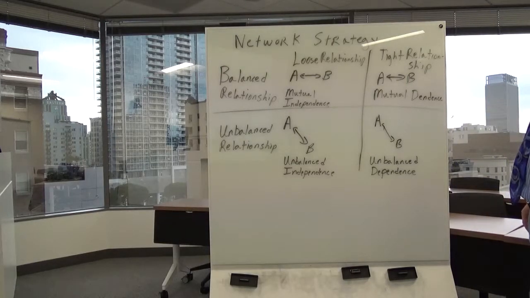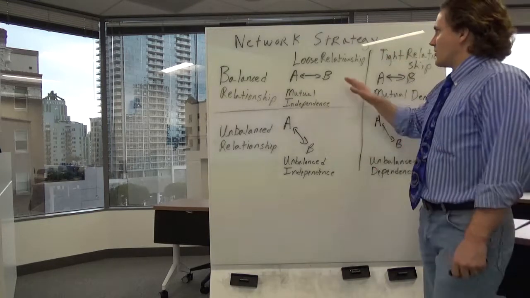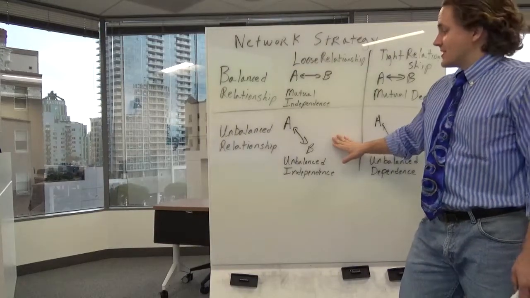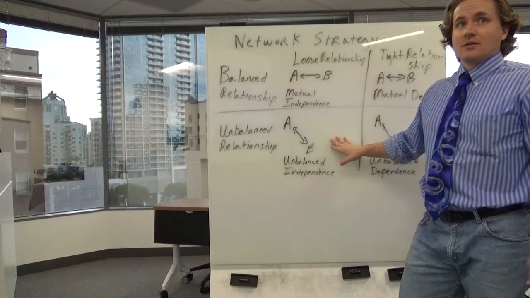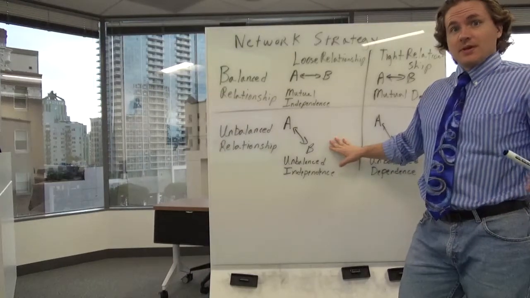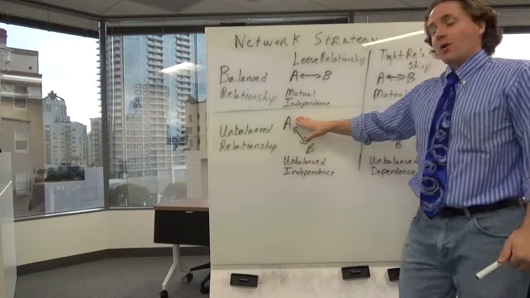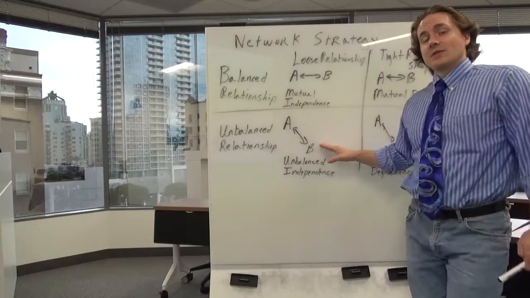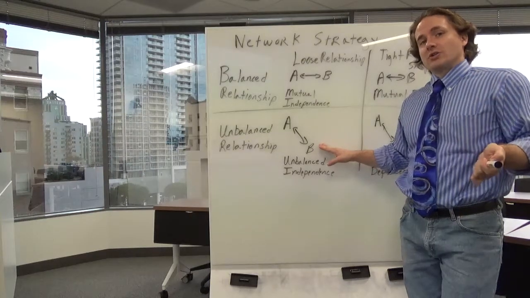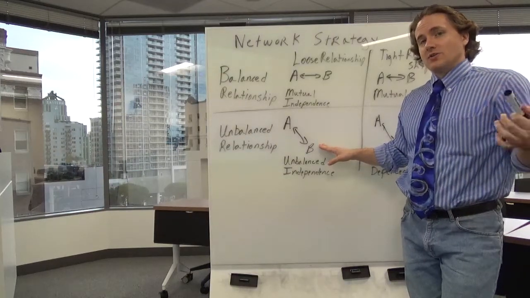Now, if we want to start going to the network, or let's stick with the loose relationship. If we look at the loose relationship perspective, one of my favorite examples of this is Walmart and Vlasic. Okay? Vlasic agreed to supply Walmart with pickles. Walmart was such a more powerful actor than Vlasic was that they were able to dictate the price that Vlasic could charge to Walmart to distribute the pickles.